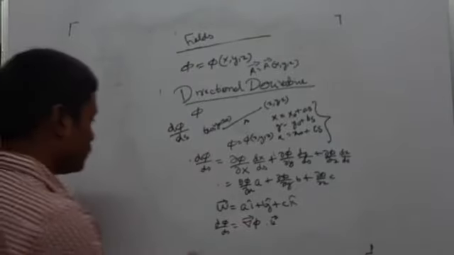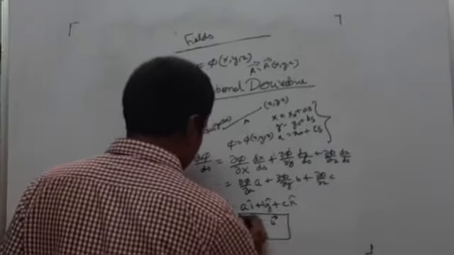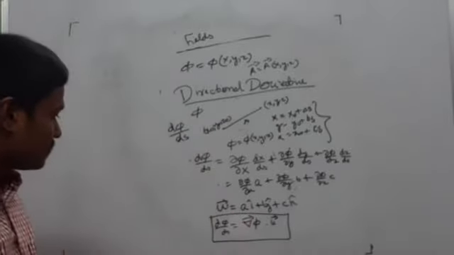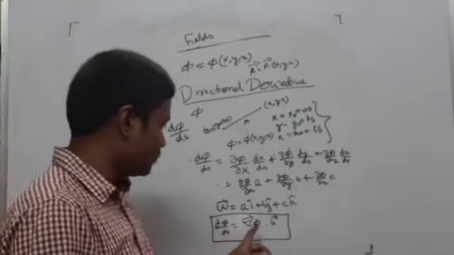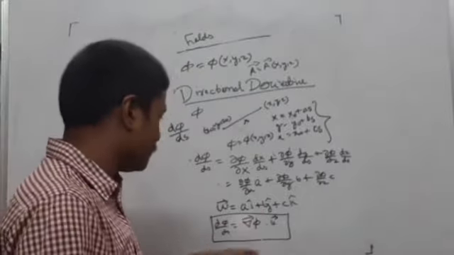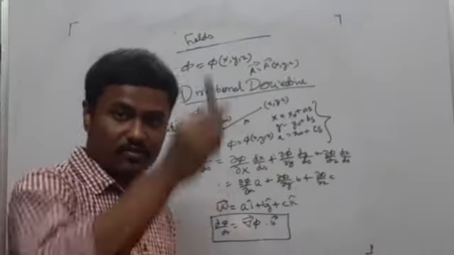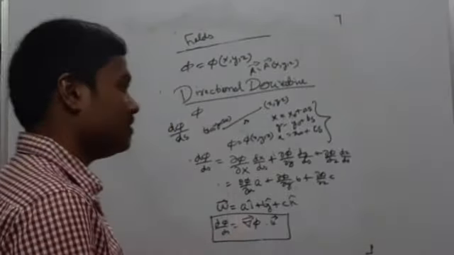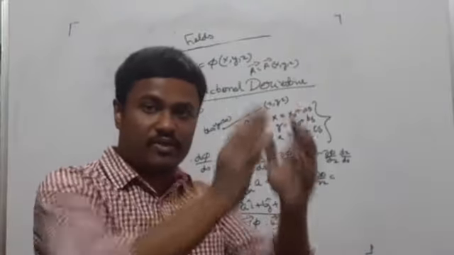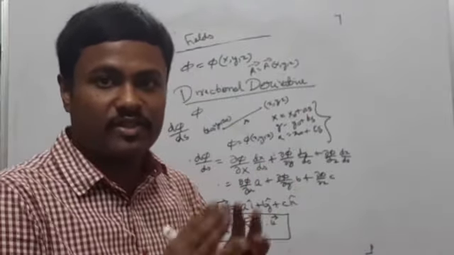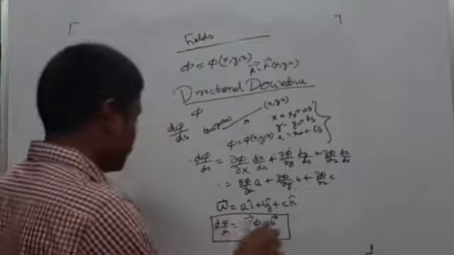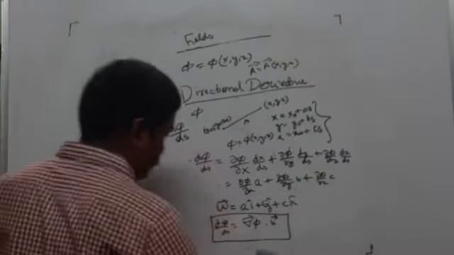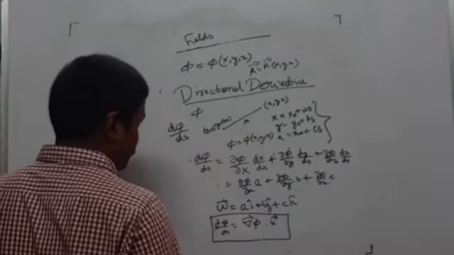And this is essentially the directional derivative. The directional derivative is given by the dot product of the gradient of phi with the unit vector along the direction. So if you want the derivative along a particular direction, all you do is calculate the gradient of phi and take the dot product with the unit vector along that direction.